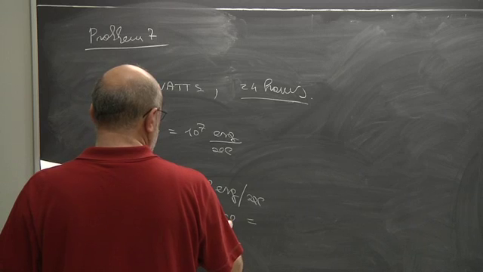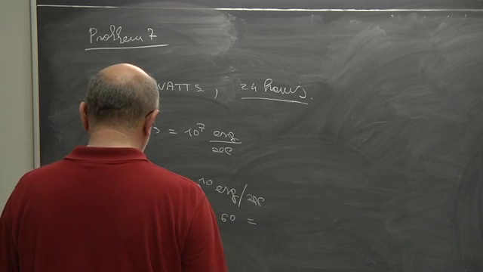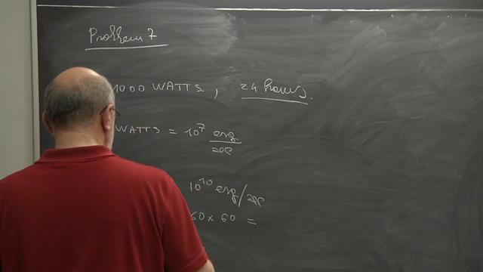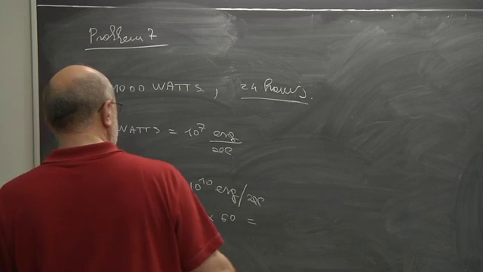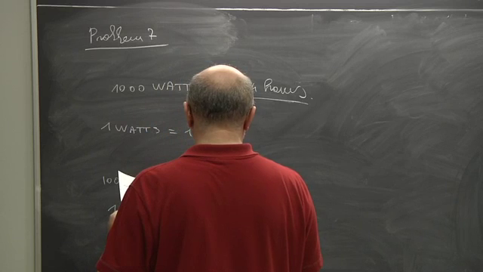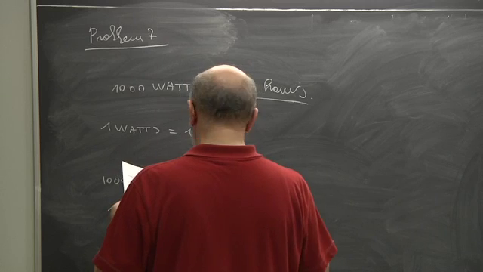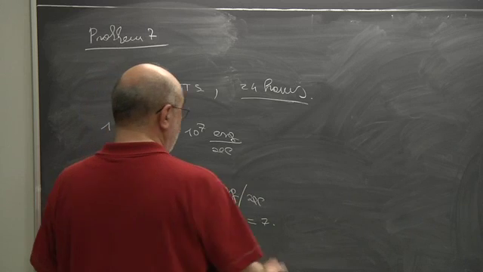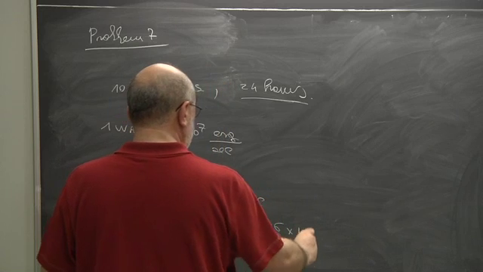In each minute there are 60 seconds, so I made a mistake here. I want to put it in power of 10, am I right? 24 hours, 60 minutes each hour, 60 seconds in each minute, so we get 8.6 times 10 to the 4.